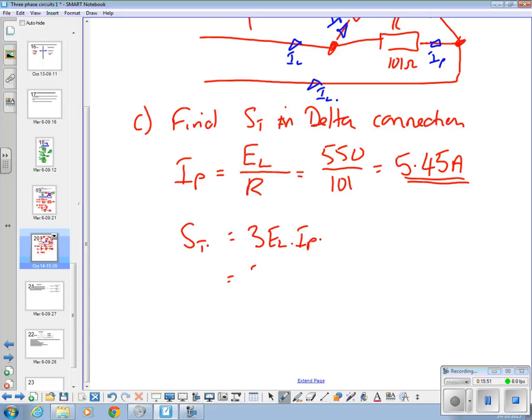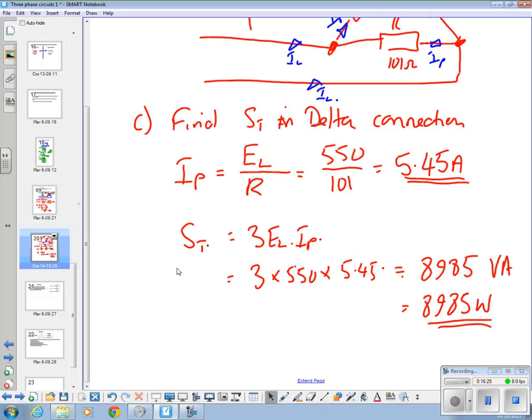So we're going 3 times 550 times our 5.45, which equals 8985 VA, or watts. A considerable increase in power.